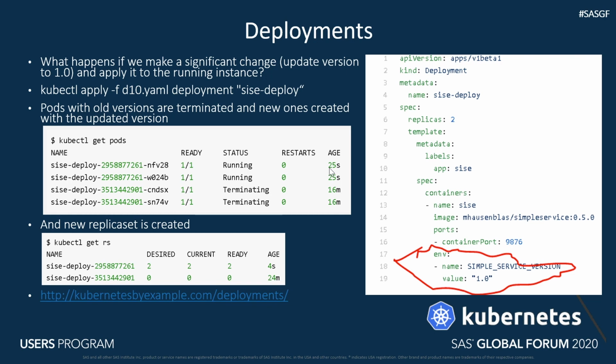So this is kind of cool. This is an easy way to do updates out there. So you can have a new version of your pod or deployment or service, change it in the specification, apply it in there, and if the change is significant, then Kubernetes will go off, get rid of the old ones, and actually go back and spin up new ones based on the new thing out there. Kind of like an update.